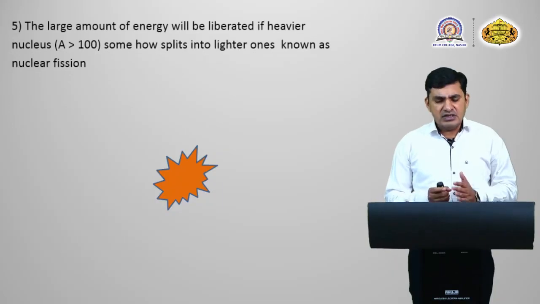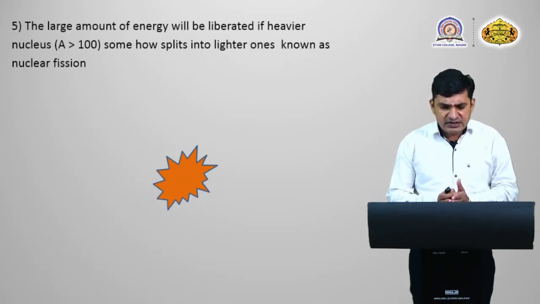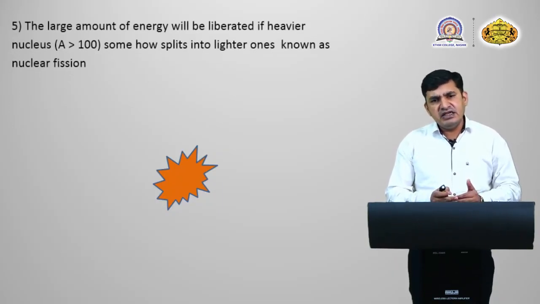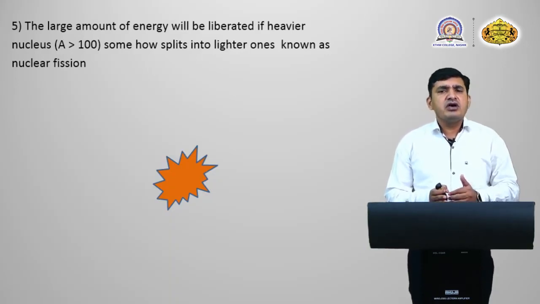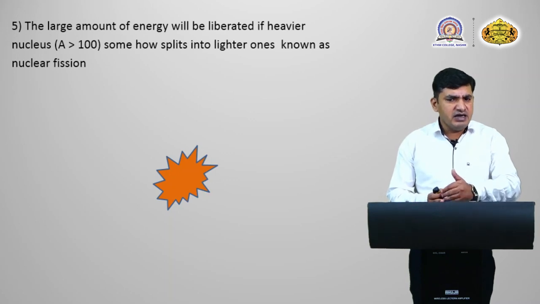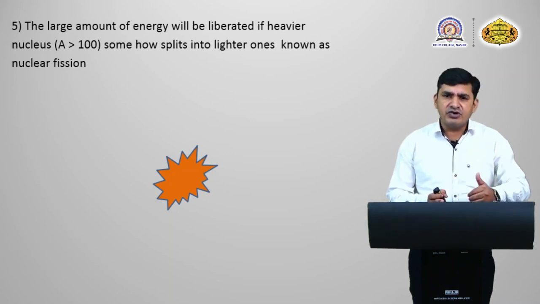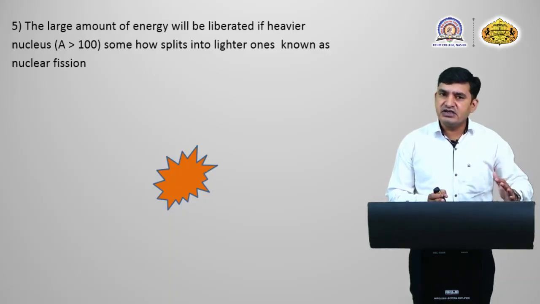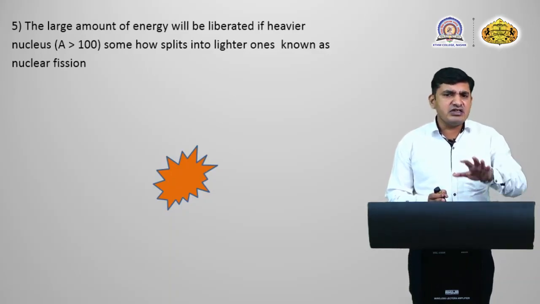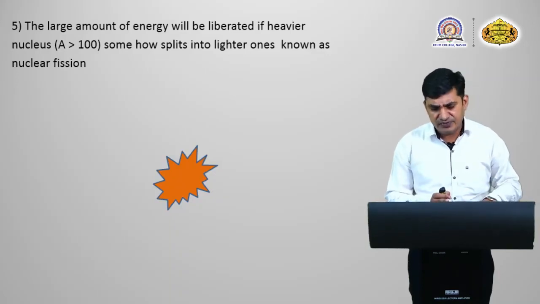Now, here we observe that the nuclei which have mass number less than 40 are unstable.